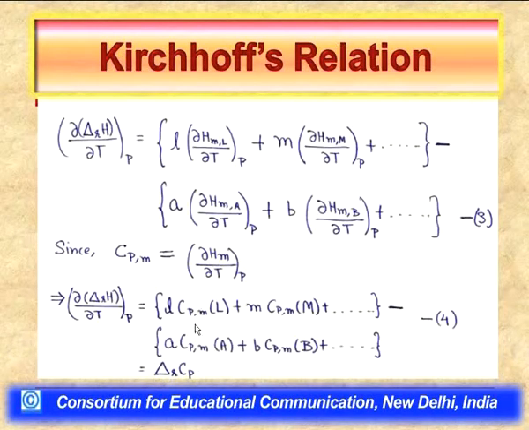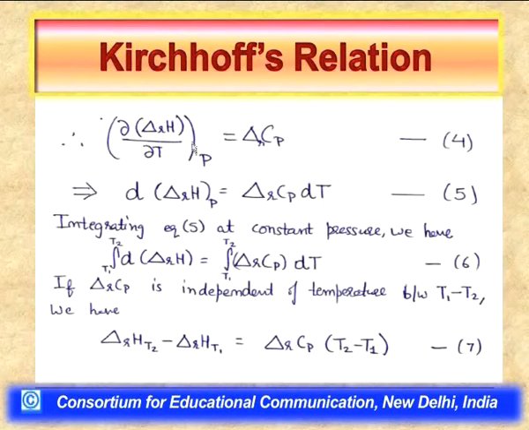That is, delta rH by delta T at constant P equals delta r C_p. This delta r C_p is nothing but the sum of molar heat capacities of products less the sum of molar heat capacities of reactants, each multiplied with their respective stoichiometric coefficient.